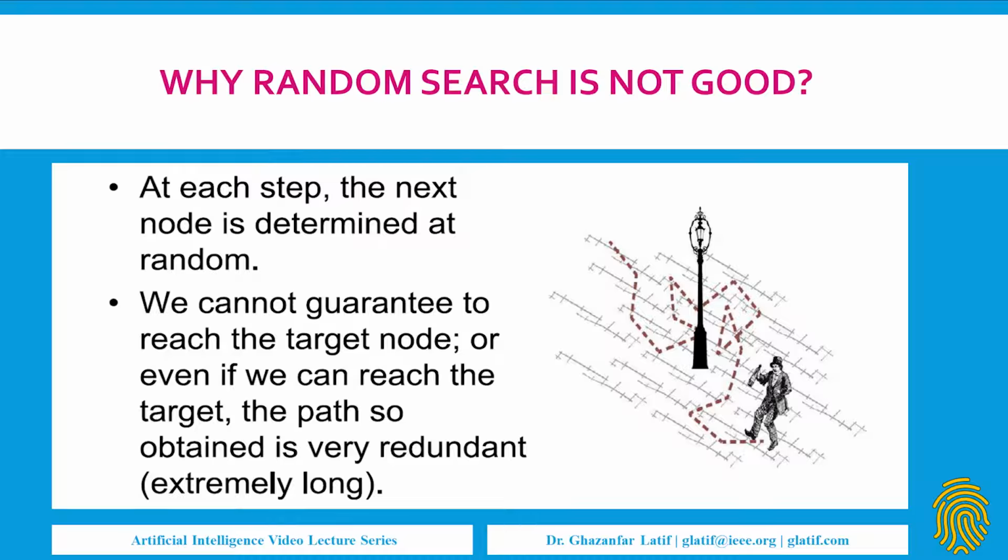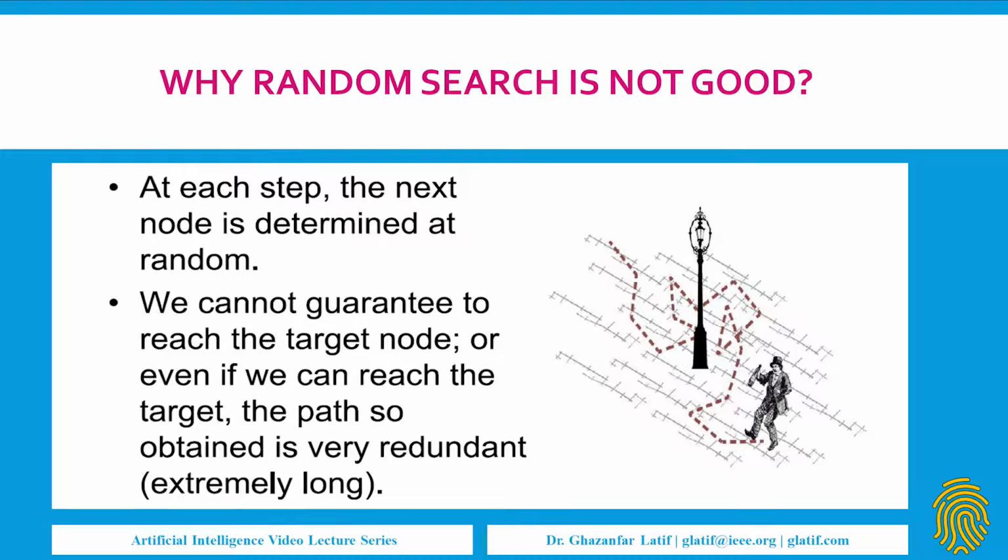So to go from one step to the next, we determine the next node randomly, which creates an issue. It can lead to a continuous loop, or we may visit the same node again and again before reaching the destination, or it can lead to a node which will never let us reach the solution.